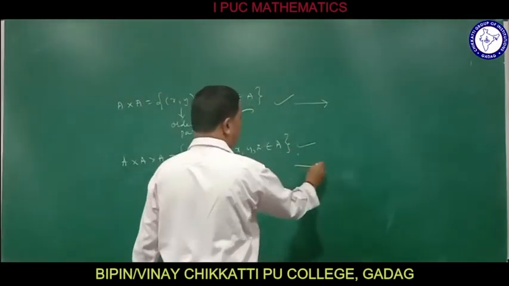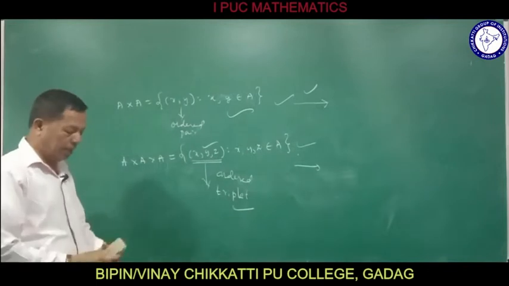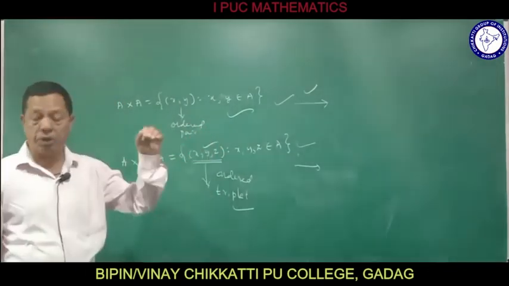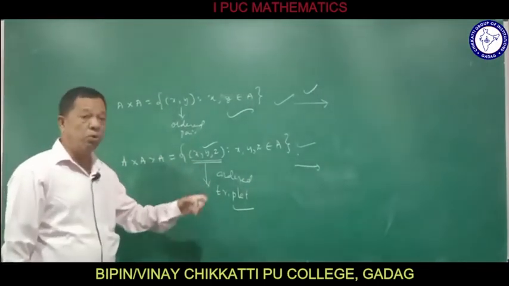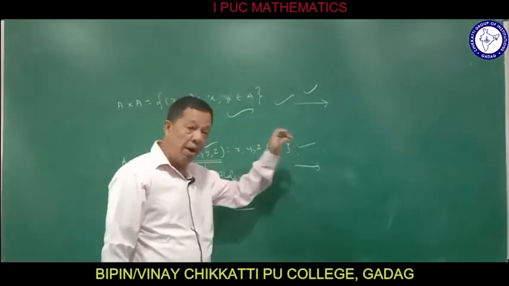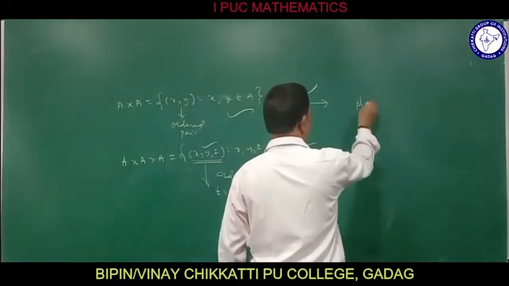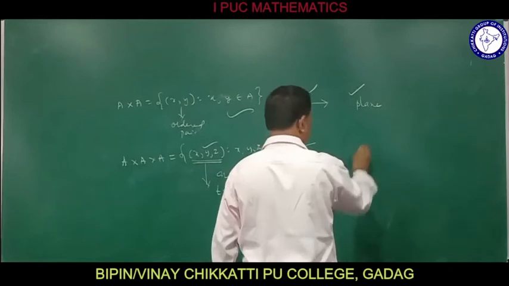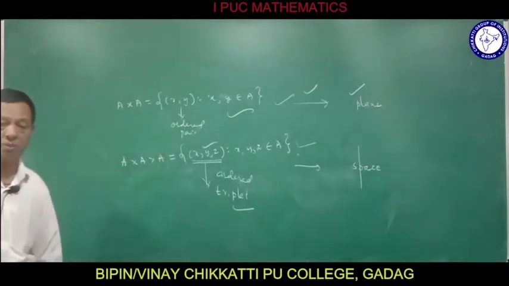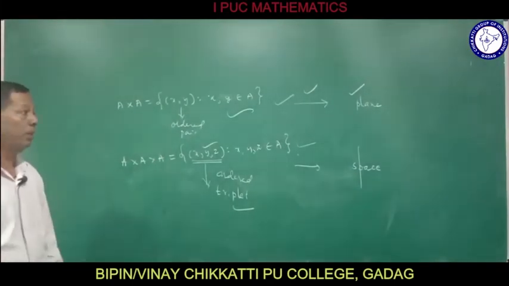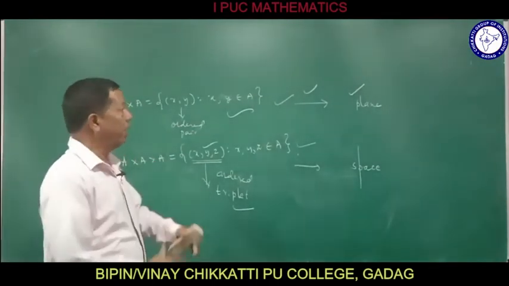Ordered pairs are used to represent points in the plane, whereas ordered triplets are used to represent points not in the plane, but in space. Plane means it is a blackboard.